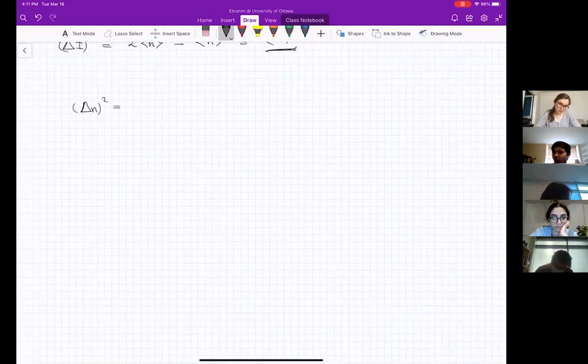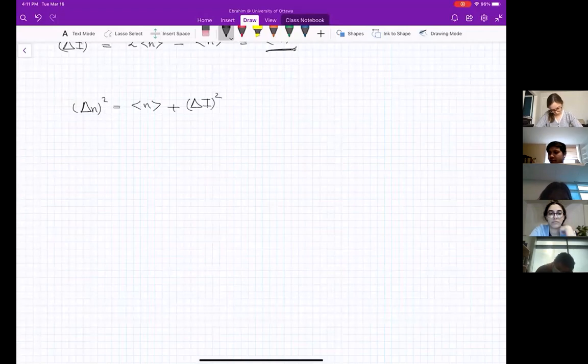And what we found is that Δn² is given by n̄ plus ΔI². For the coherent state, ΔI is equal to 0, which means that Δn² is equal to the average photon number n̄.